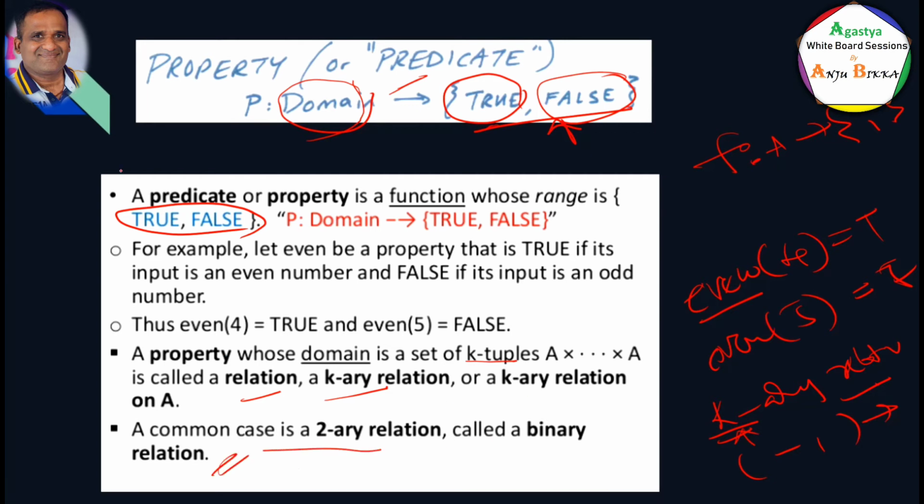So in a nutshell, a property or predicate is a function whose range is the Boolean values. If the property has a k-tuple as input, then it's called a relation. If it has k number of inputs, then it's called a k-ary relation on set A.